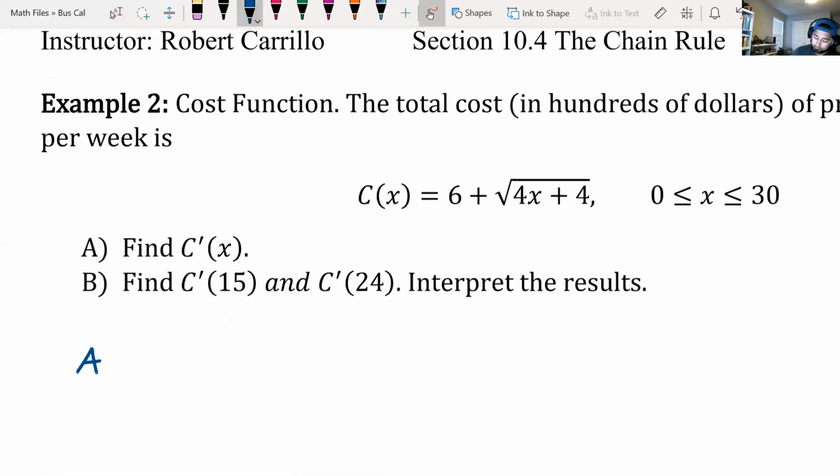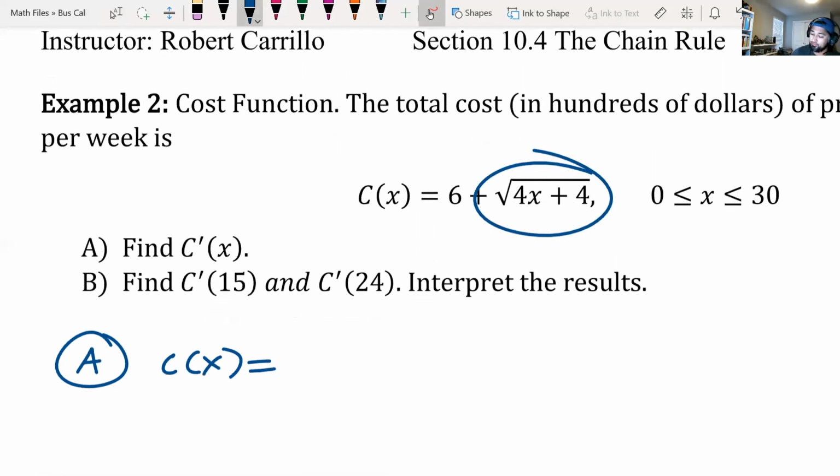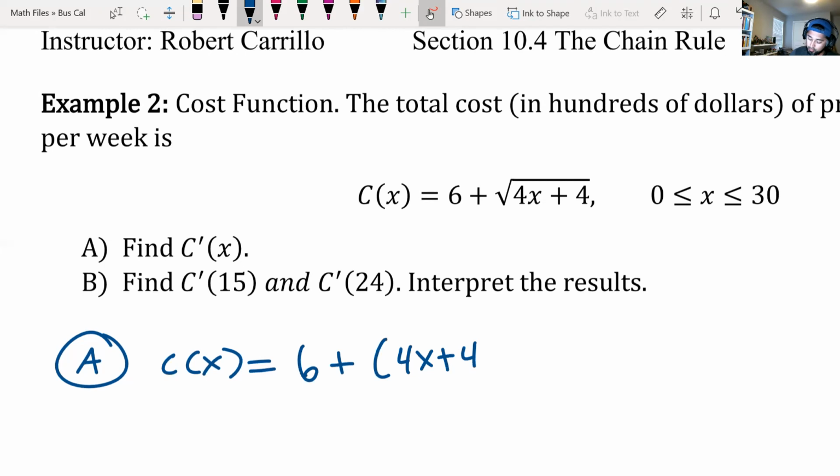So A, first thing we have to do is rewrite it, because we can't take the derivative in that form. It's going to be 6 plus (4x plus 4) to the 1/2, which means now it's in the perfect form.